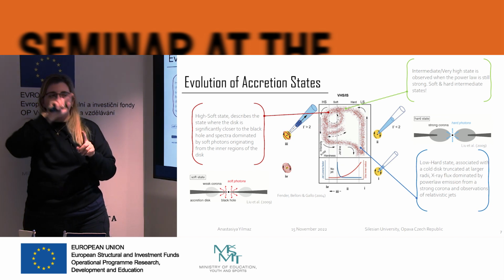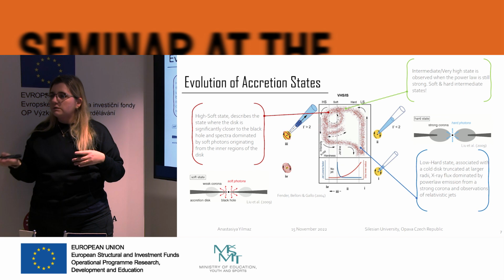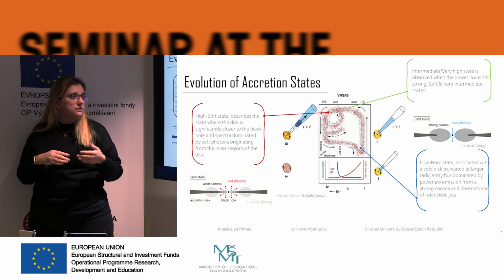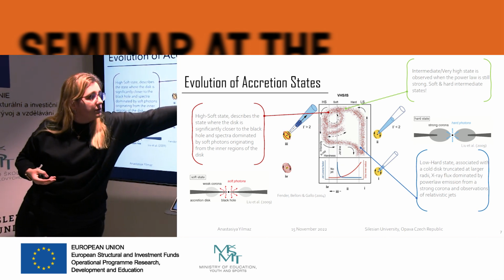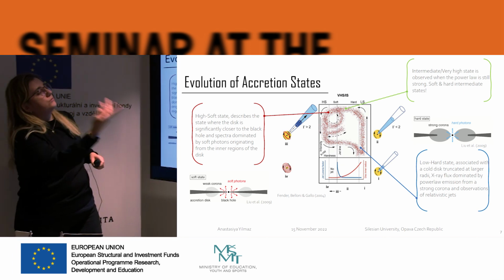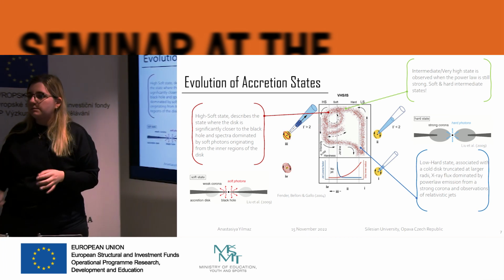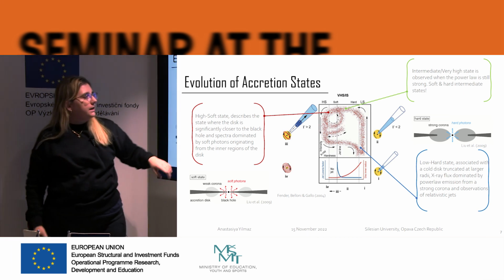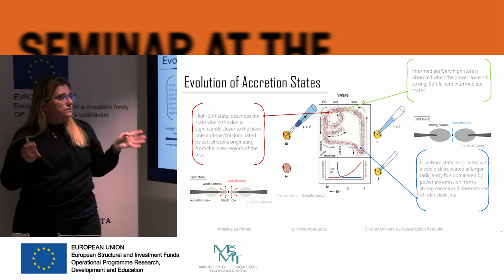If your spectrum is dominated by the coronal emission and less disk emission, it means that your spectrum is hard, which can be seen in the picture on your right, which defines the low hard state, at the beginning and the end of the outburst. Then your source starts to evolve around this Q diagram.